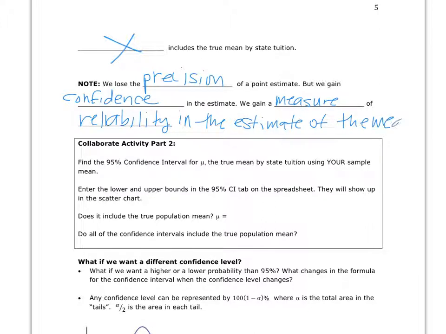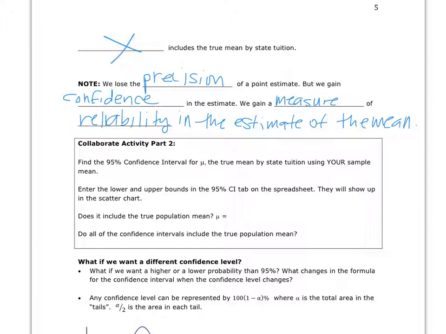This brings us to part 2 of the collaborate activity. You can go back to the sheet and calculate the upper bound and lower bound for your sample mean. You can use the example that I've done as a model to follow. You're going to use that same standard deviation 5460, and you'll use that 1.96 and a sample size of 5.